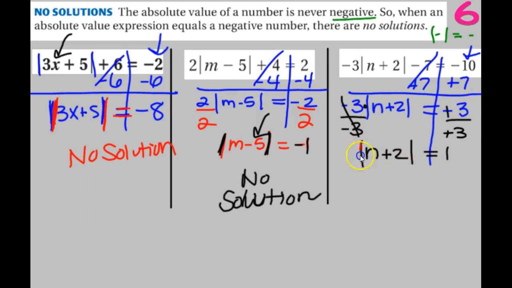So because our absolute value here is equal to a positive number, we have to keep going. So whatever's in here could be equal to a negative 1 or a positive 1 in order to come out clean. So we could have n plus 2 equal to a negative 1 or n plus 2 equal to a positive 1. So I'm going to subtract 2 on both sides.